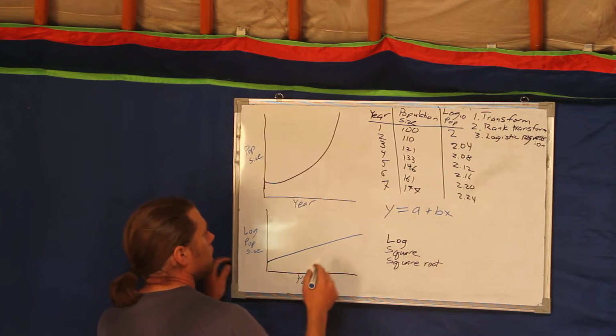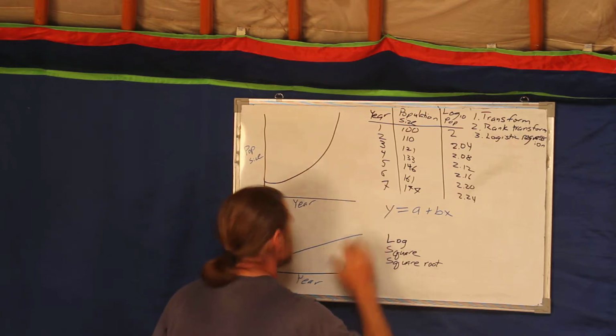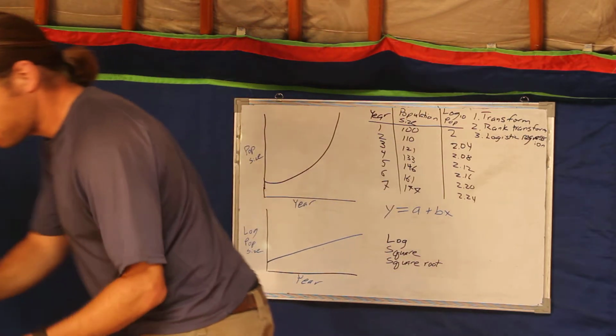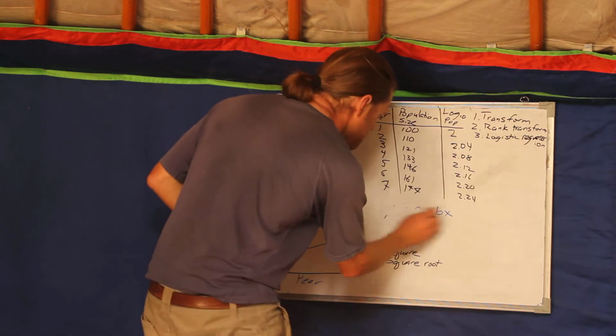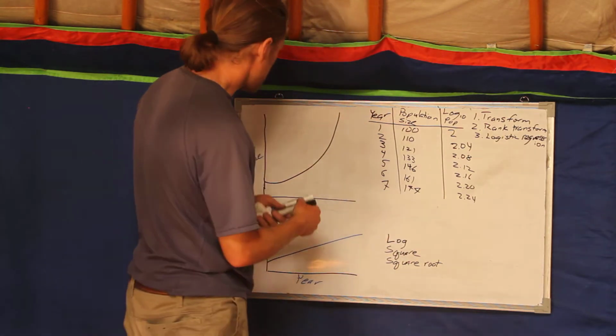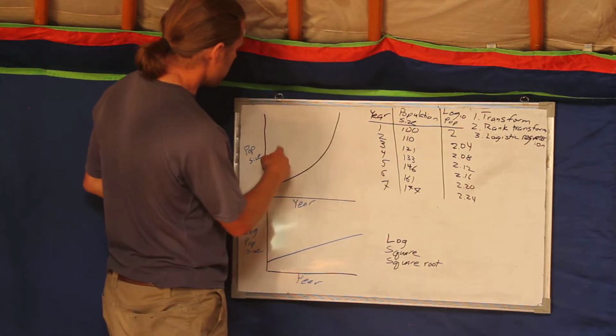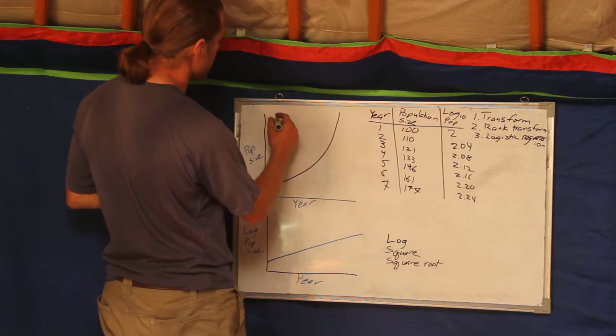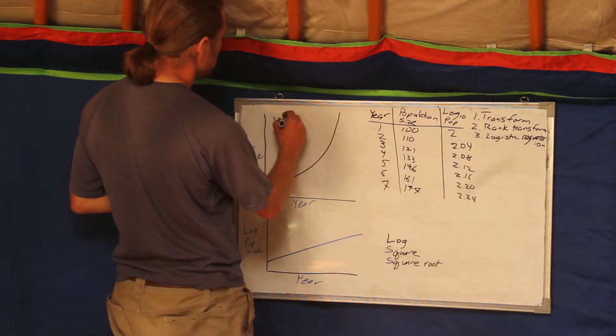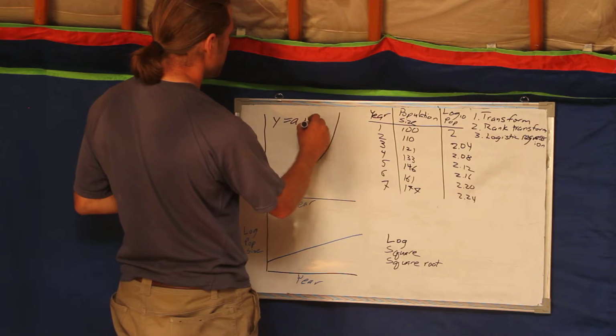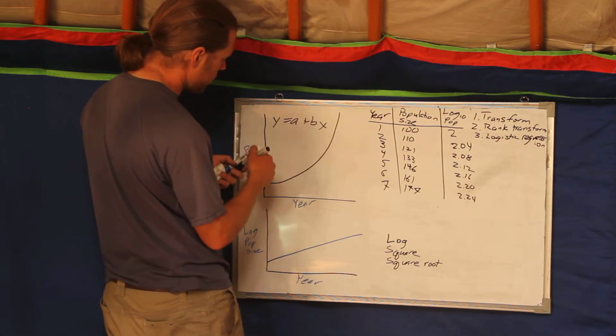So for the relationship here, if you were to try to describe this with a linear one, it would be y equals a plus bx. This would be a really bad line that wouldn't fit.